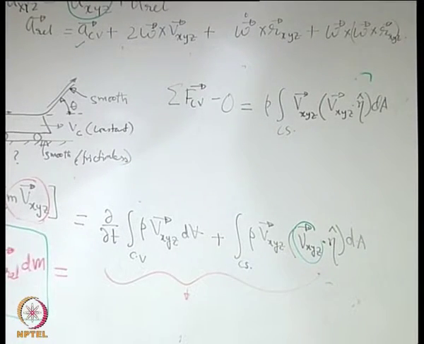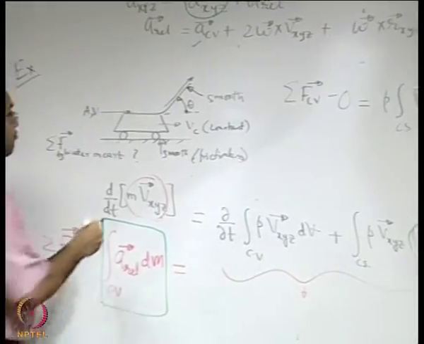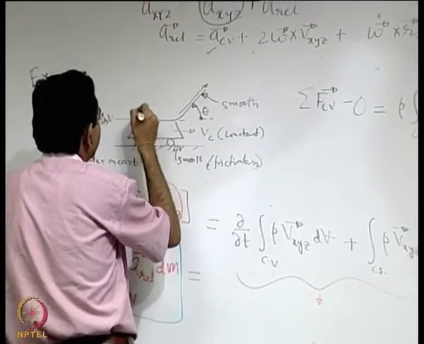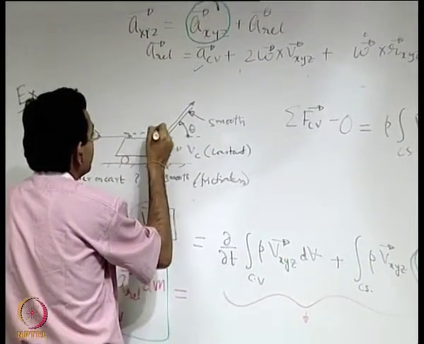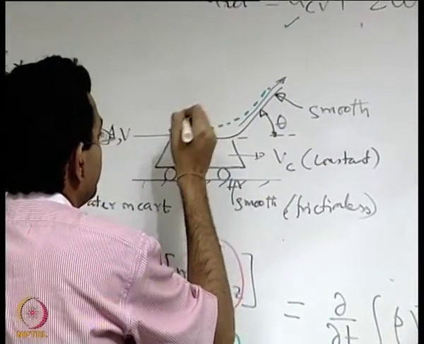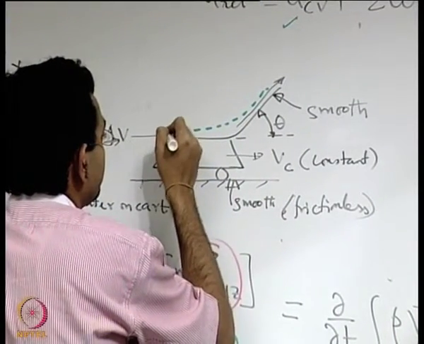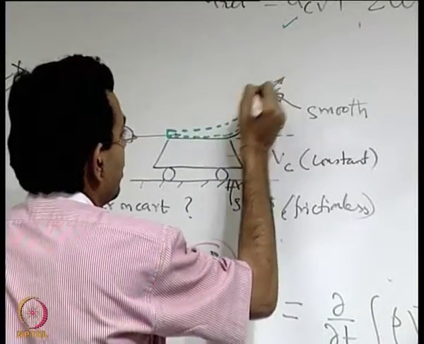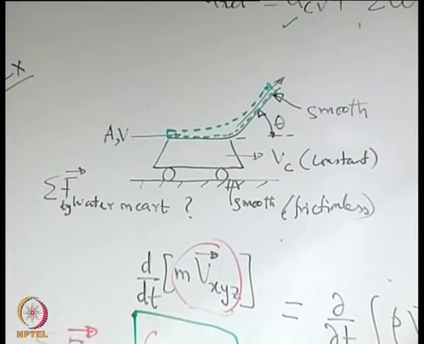So, if you consider say the flow boundaries, say this is the liquid film that we are considering.